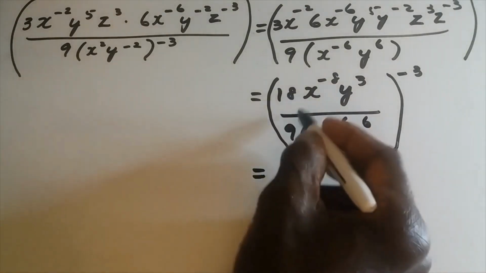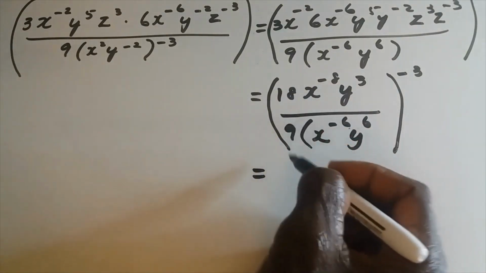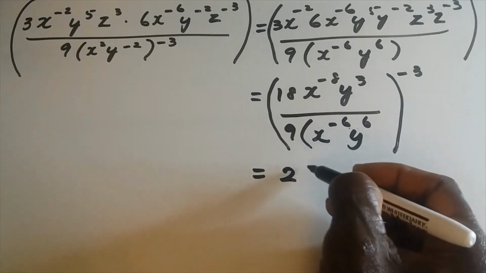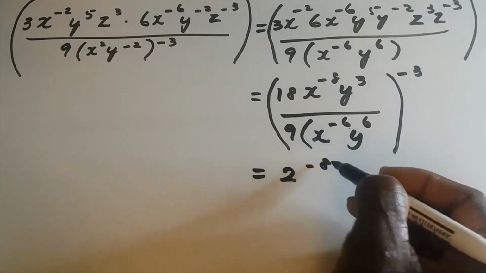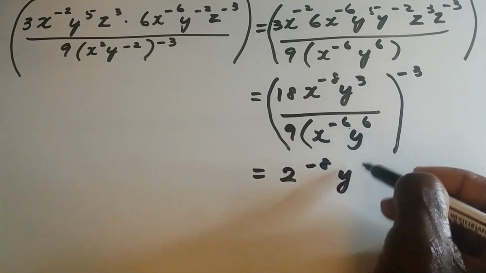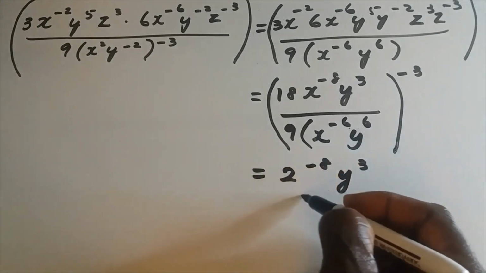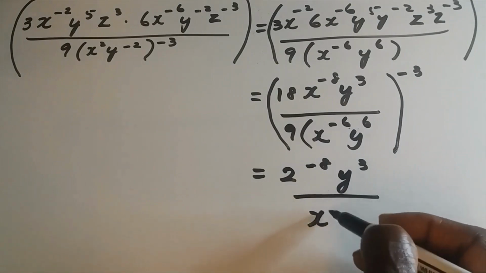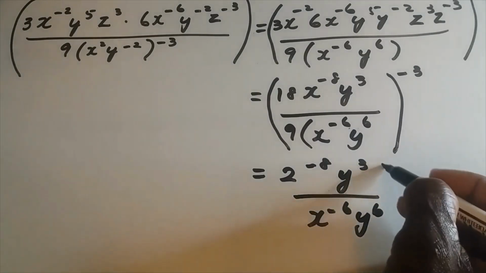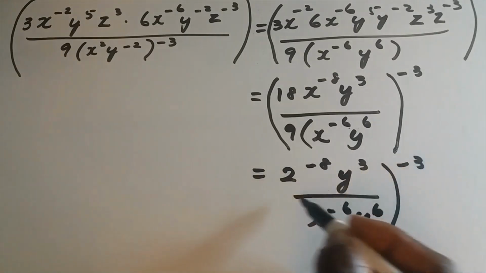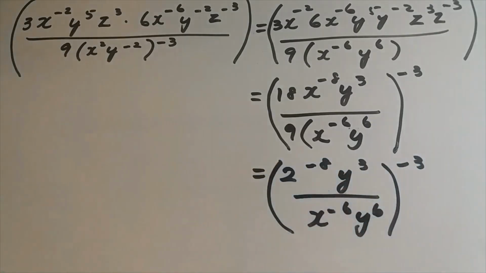Now we can cancel the 18 with 9 to give us 2. We have 2 to the minus 8 y cubed over x to the minus 6 y to the 6th power raised to the negative 3.